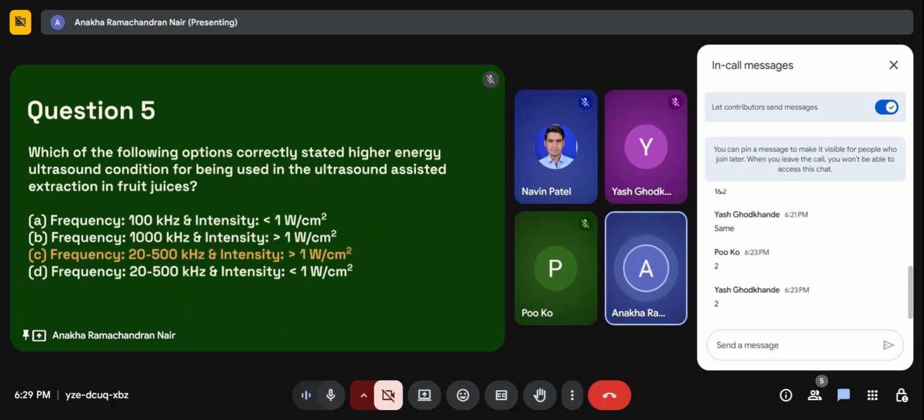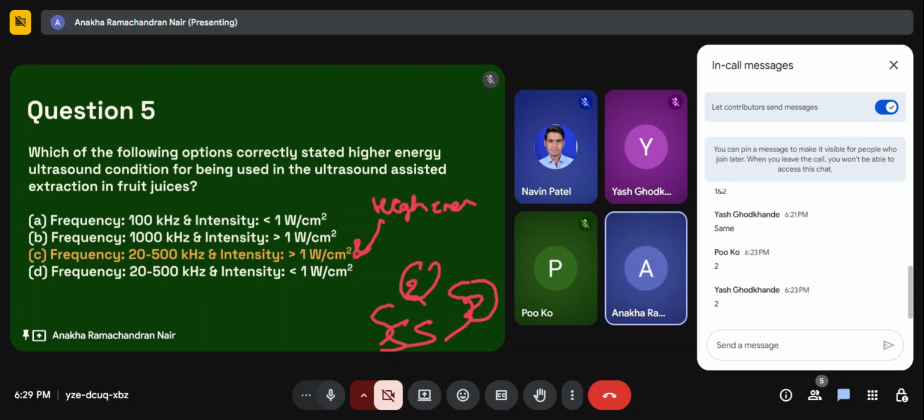Then you have high energy, which is this, and it will initiate chemical and physical changes in solid food by acoustic and hydrodynamic cavitation. So it will break the cells and release the juices, right? So the correct answer for this is high energy frequency, or 20 to 500 kilohertz.